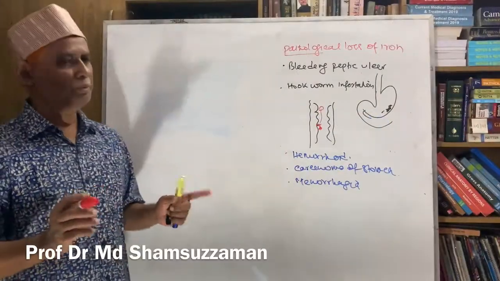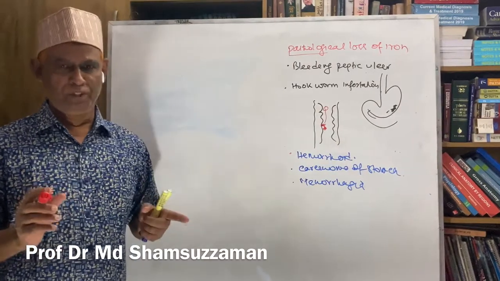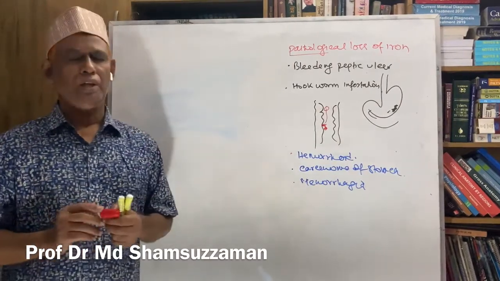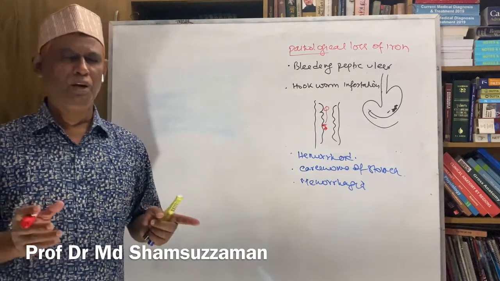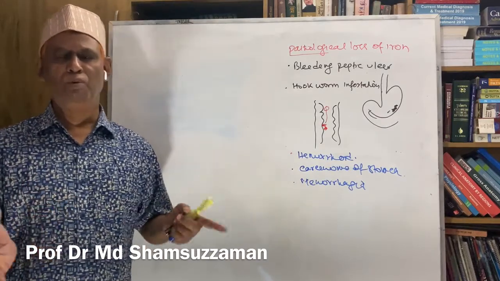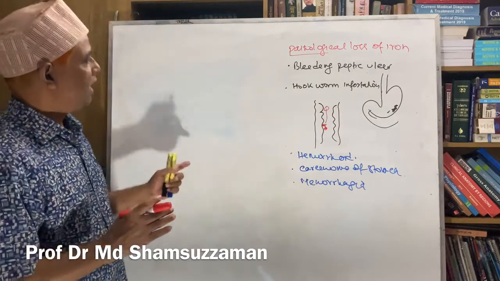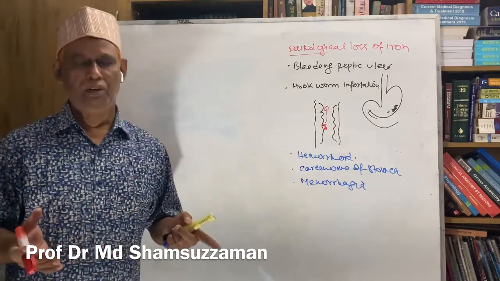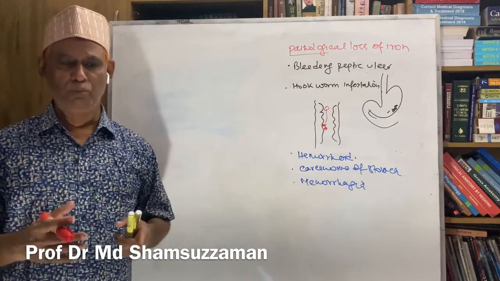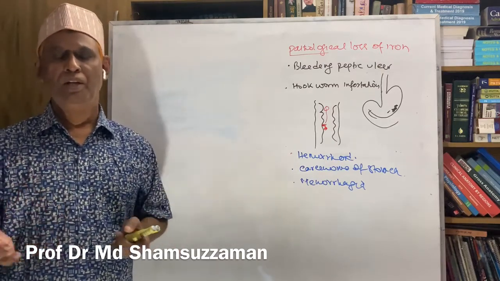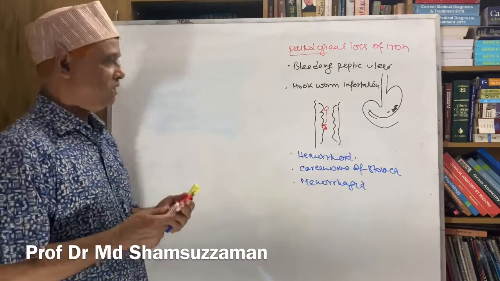Now come to, if anybody suffers from iron deficiency anemia, what may be the clinical presentations? Dear audience, if anybody suffers from anemia, whatever may be the type of anemia, whatever may be the cause of anemia, there are some common symptoms. So in iron deficiency anemia, you will get the common symptoms. In addition to common symptoms, there are some symptoms and signs that are present in iron deficiency anemia.